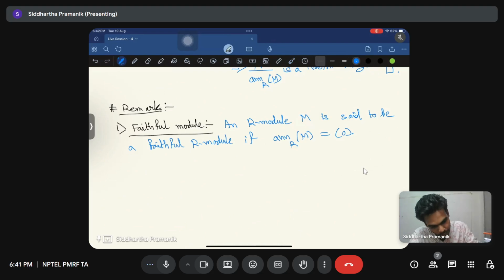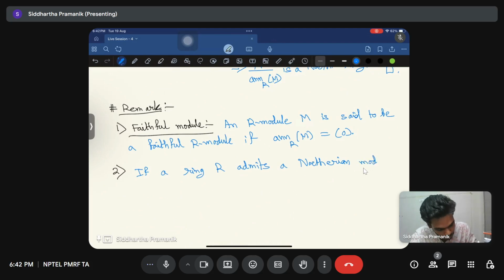Now the second remark. If a ring R admits a Noetherian module which is faithful, then R is a Noetherian ring.